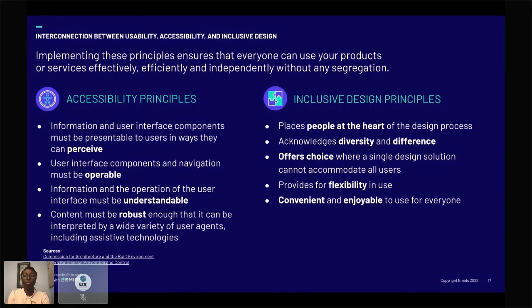So you are being empathic about how you consider the needs of other people that are not your average users, right? And that leads to the second point, diversity and difference, right? So you're not looking at just a narrow way of people interacting with your product, but you're looking at different possibilities that users can explore to complete their tasks, right? I gave an example of a telehealth service.